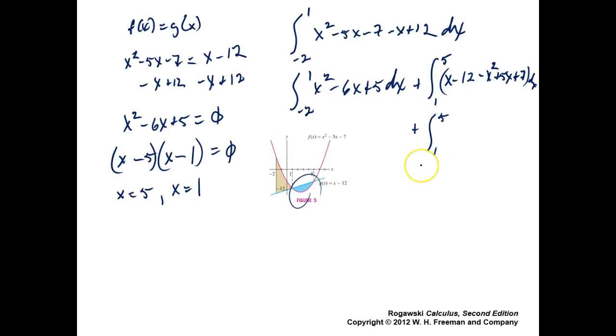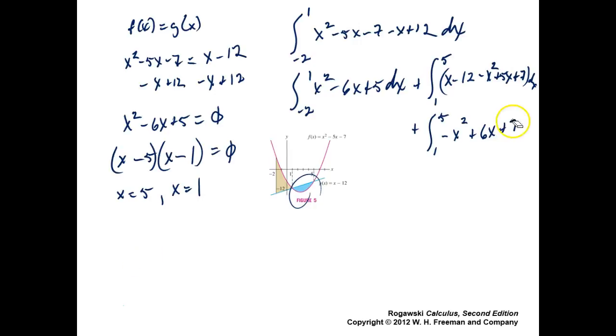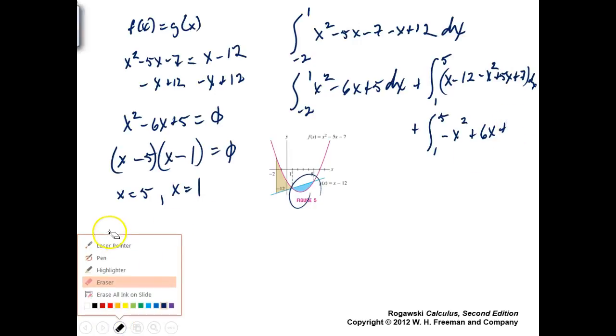That's 1 to 5 of minus x squared plus 6x, minus 5 dx.